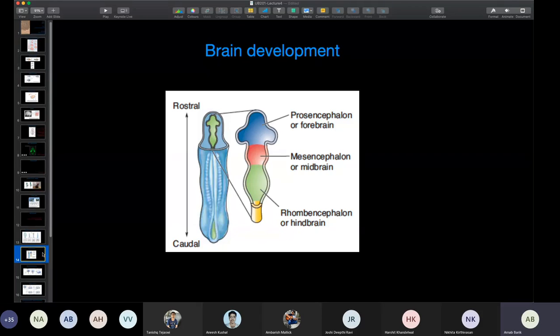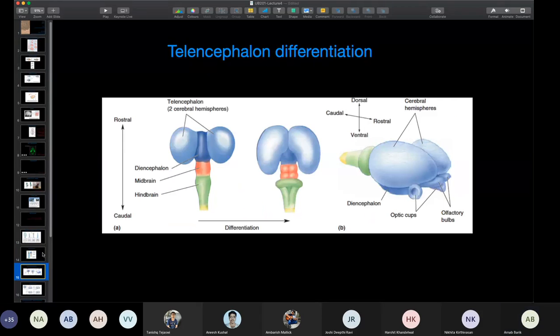And then if you look at the telencephalon as an example, the forebrain differentiation, the telencephalon has the two cerebral hemispheres, and they will eventually become bigger. As I said, the neurons are all made by birth, and they slowly grow and form these structures called cerebral hemispheres.